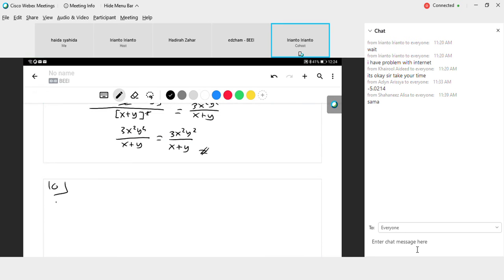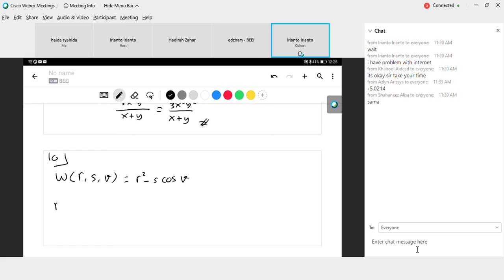Okay. So we have W as a function of R, S, and V. The value inside is R squared minus S cos V. Then R is a function of T, which is R equals e to the power 3T.